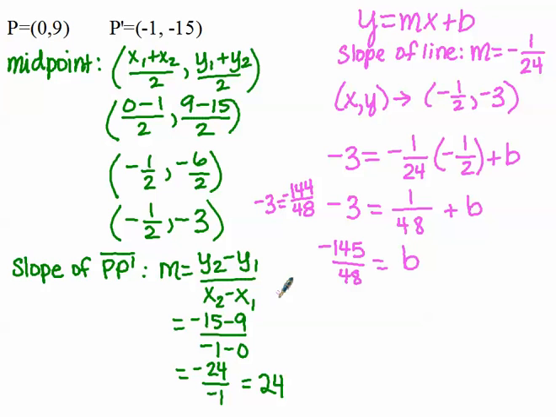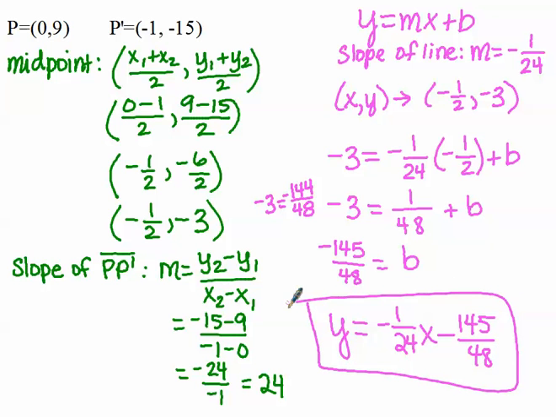And those aren't reducible, so we leave it that way. So y equals negative 1/24 x minus 145 over 48. And that becomes the equation for the line of reflection.